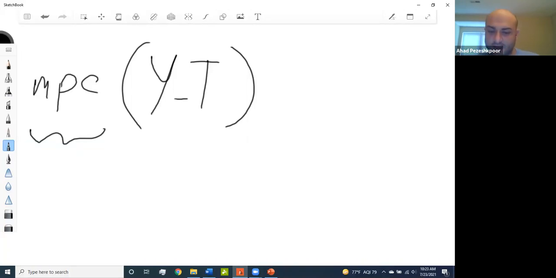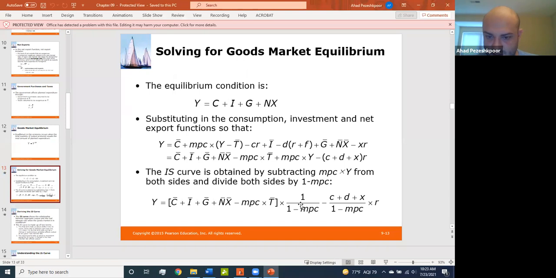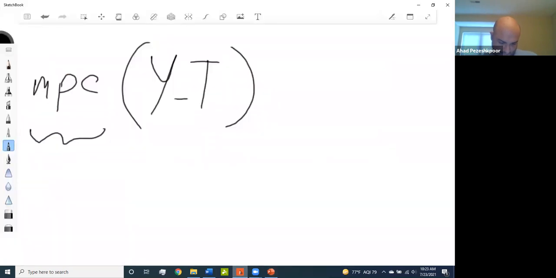So what you'll end up with is this. The denominator will always be bigger than zero, and the denominator will also always be a positive number. So, one over one minus marginal propensity to consume.